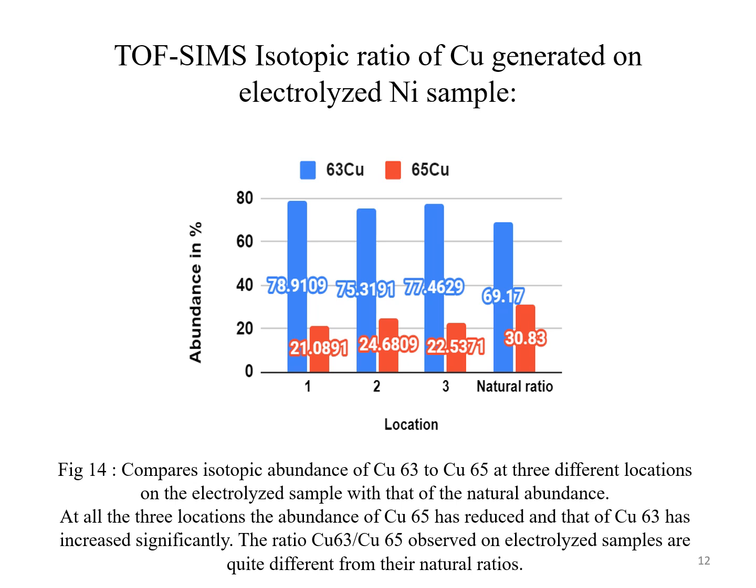At all the 3 locations, we can see that the abundance of copper 65 has reduced and that of copper 63 has increased. The ratio of copper 63 to copper 65 observed on electrolyzed samples is quite different from the natural ratios. This data once again confirms the occurrence of nuclear reactions on our samples.